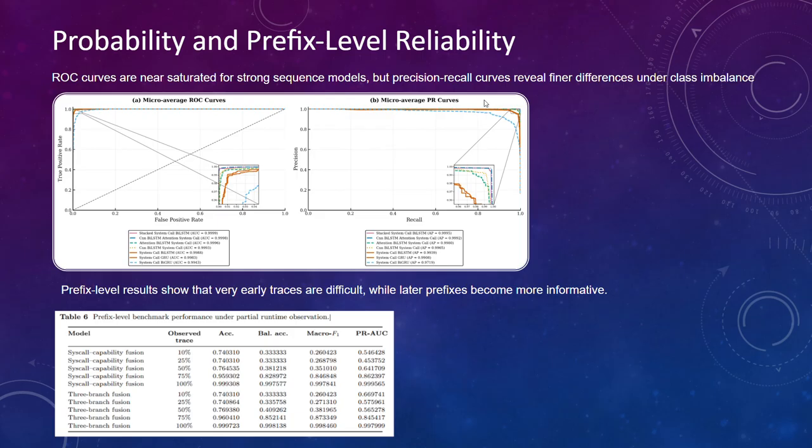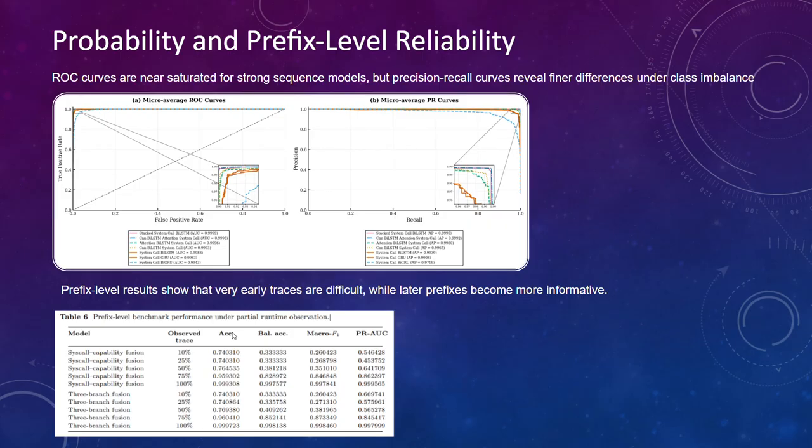But precision-recall curves reveal finer differences under class imbalance, which present more separable behaviors. We can observe their behaviors from the figure, and we also demonstrated prefix level results, which show that very early traces are difficult, while later prefixes become more informative.